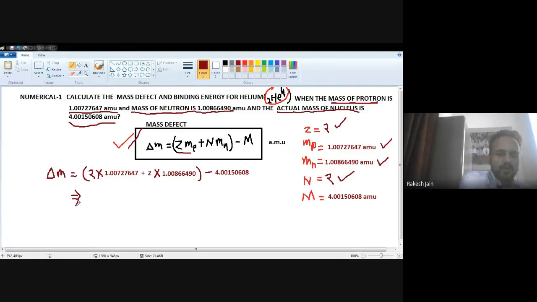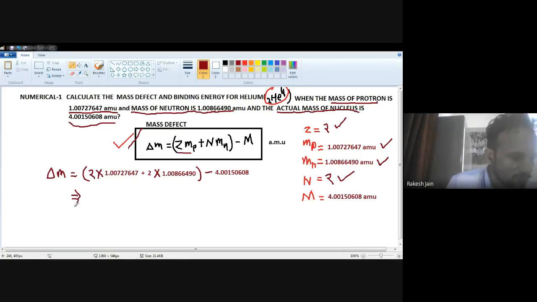With the help of a calculator, I calculate this value and write down the answer. First of all, 2 multiplied by 1.00727647, plus 2 multiplied by 1.00866490.